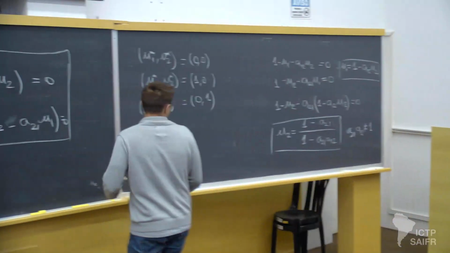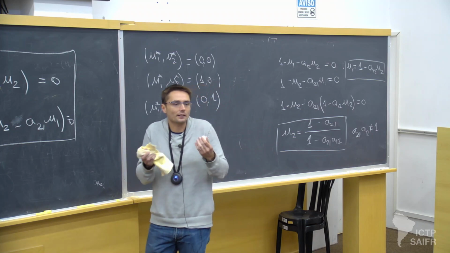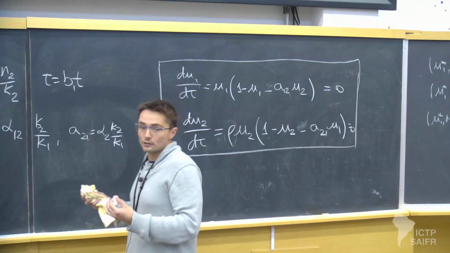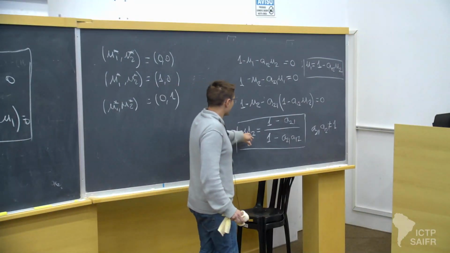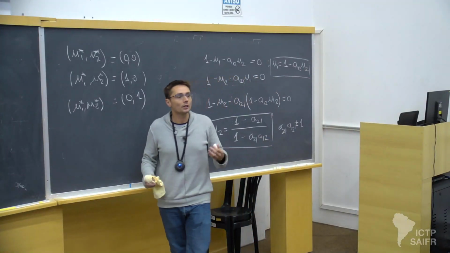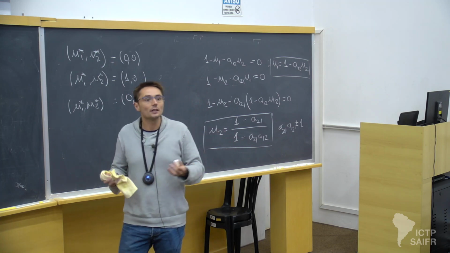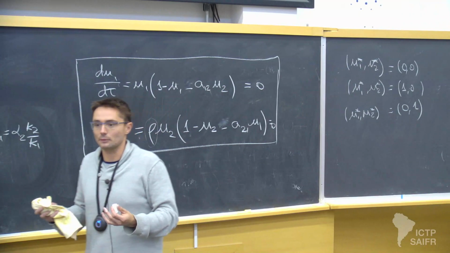And in order to have this fixed point be meaningful for a biological system, we need to impose that the populations have to be positive, right? So this point is only going to be meaningful if both U1 and U2 are greater than 0. If they are not, then this fixed point doesn't have any biological meaning.